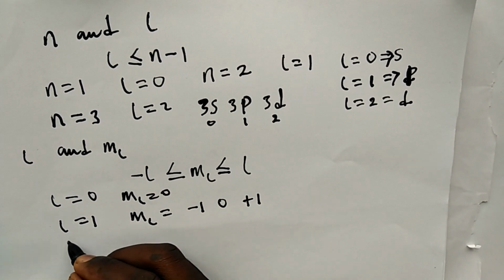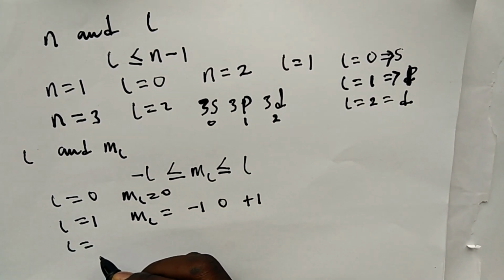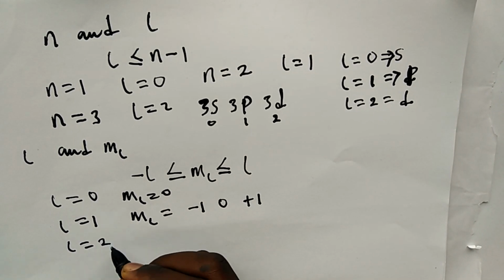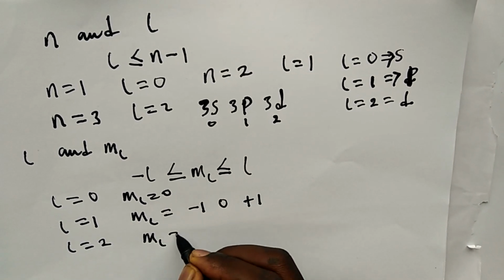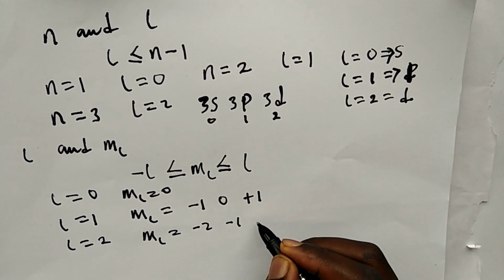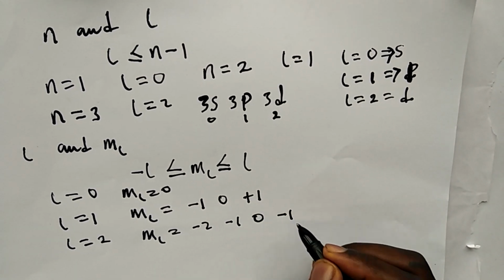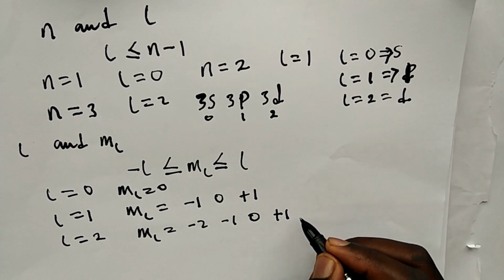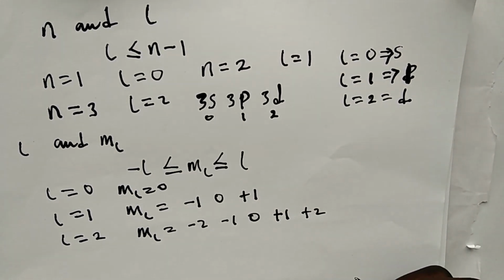When L is equals to 2, ML is equals to minus 2, minus 1, 0, plus 1, plus 2. Right?